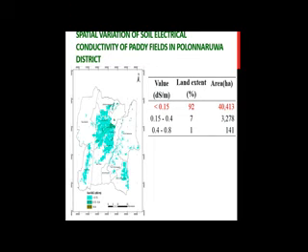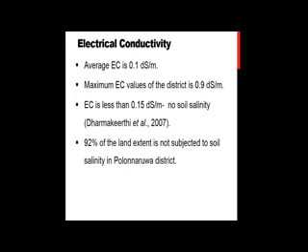Then electrical conductivity: 92% of the land extent is less than 0.15 decisiemens per meter, and the average EC is 0.1 decisiemens per meter.